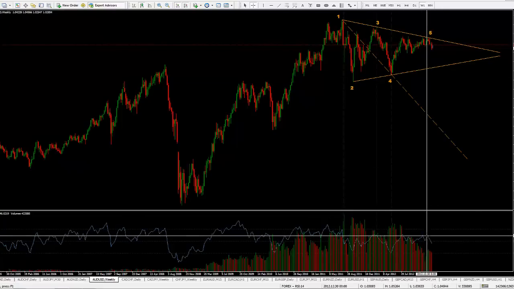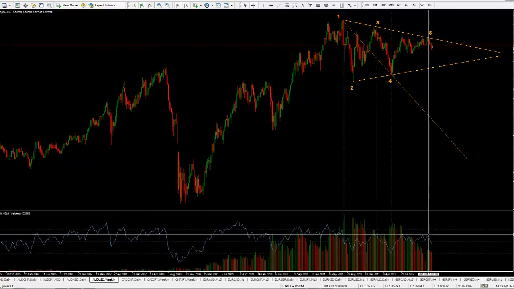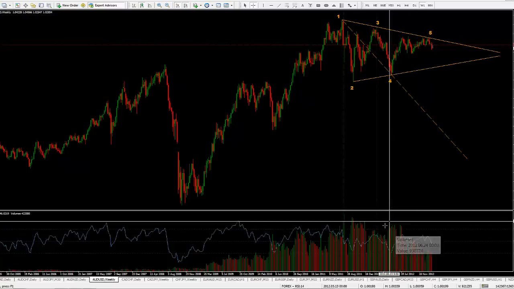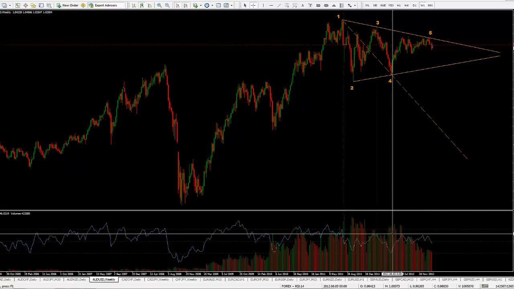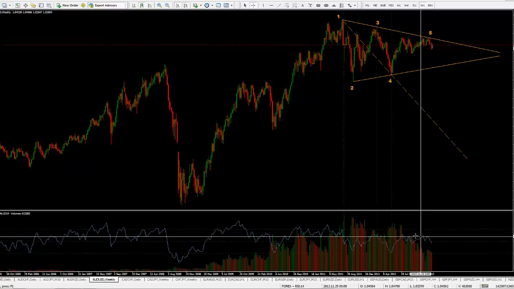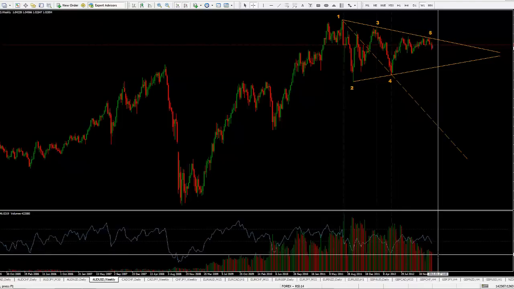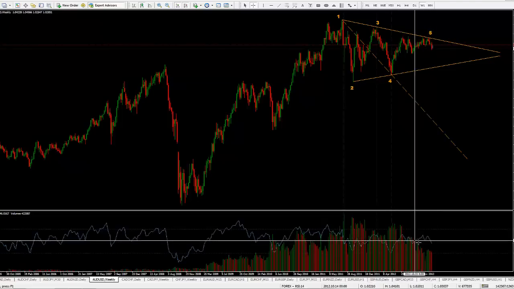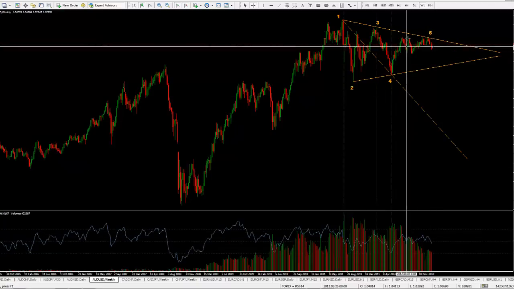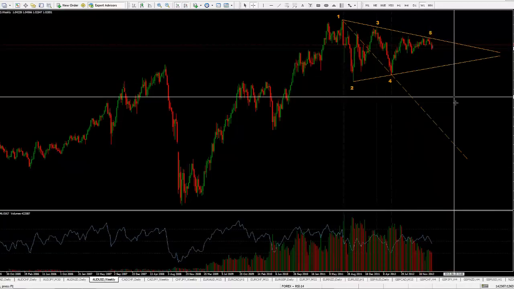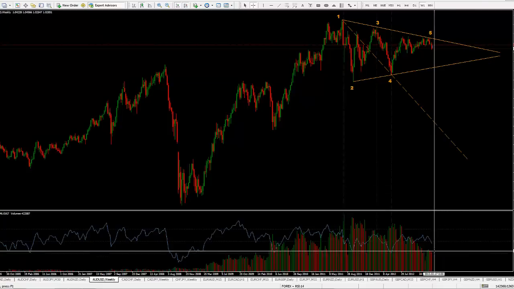That's at least the way I'm deluding myself in thinking that there is some physical human interaction right there, and they are interested in pushing the price down, and then they remove their activity from the market, and because they don't provide any more support, the price is going to be able to fall down right there.